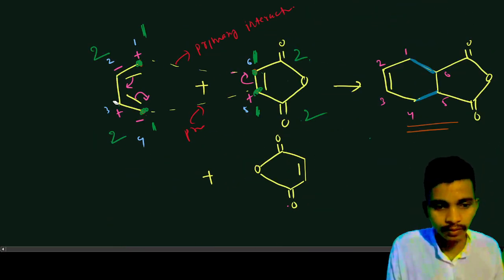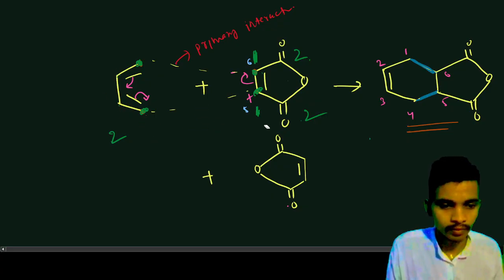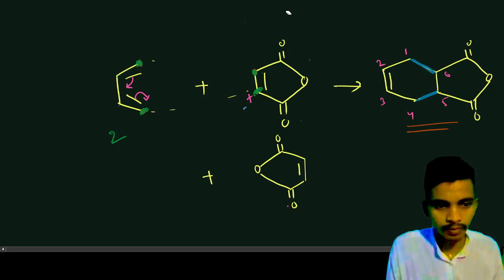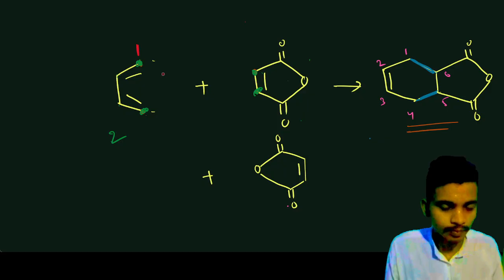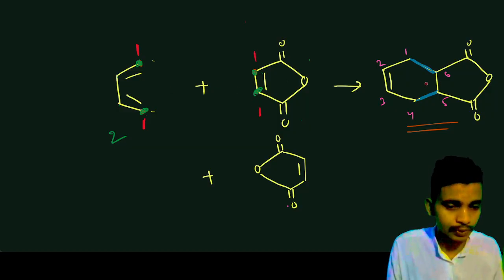So if I erase all this, okay, so now what I say is that this is 1 because this is the primary interaction, this is 1 and this is 1 and this is 1, because here the bond has to form.